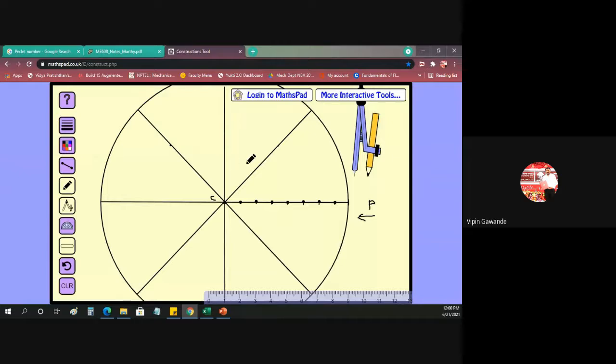Now, how to take the nomenclature? This is 1. The circle is moving in anti-clockwise direction. So here this is 1, this is 2, then this is 3, then 4, 5, then this one is 6.